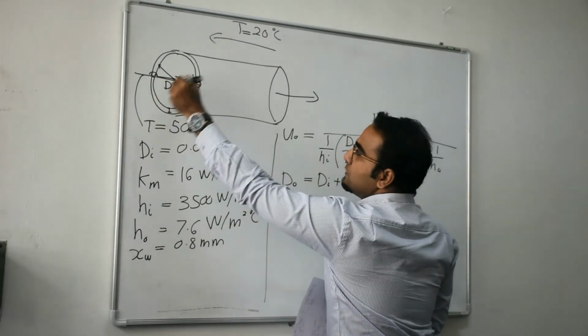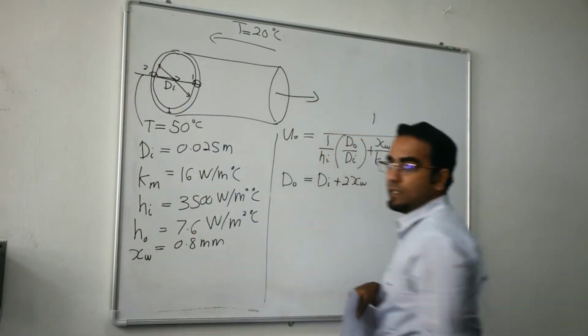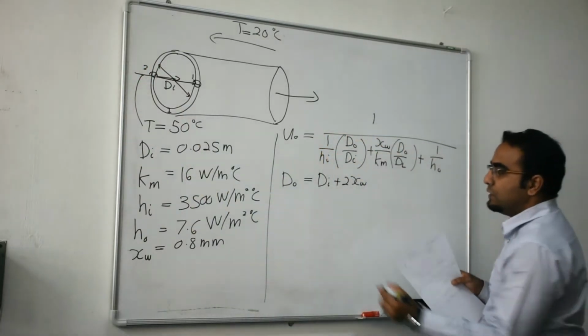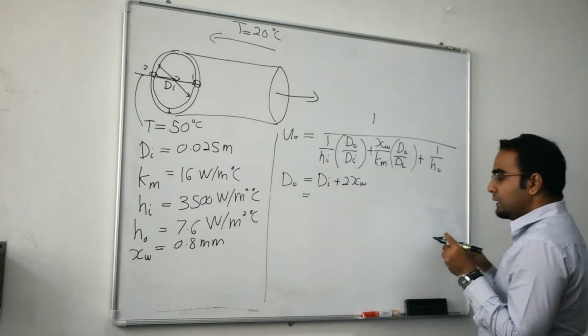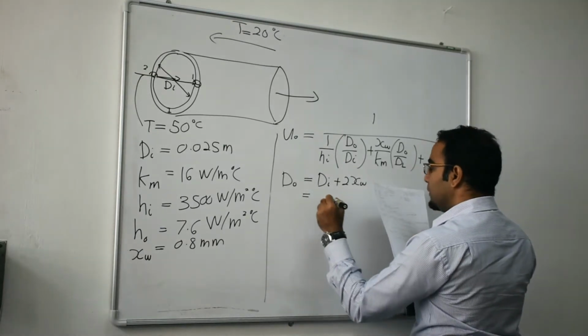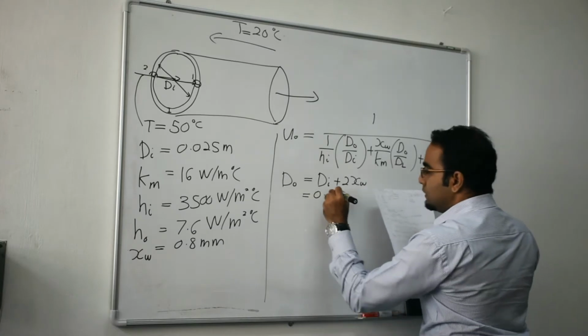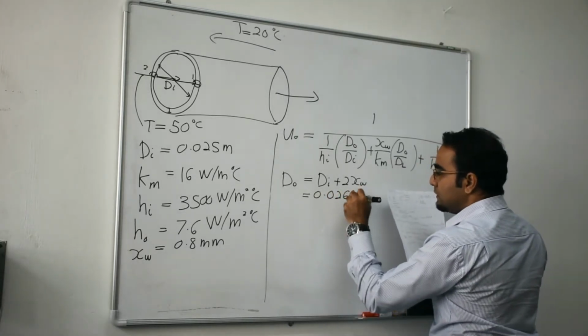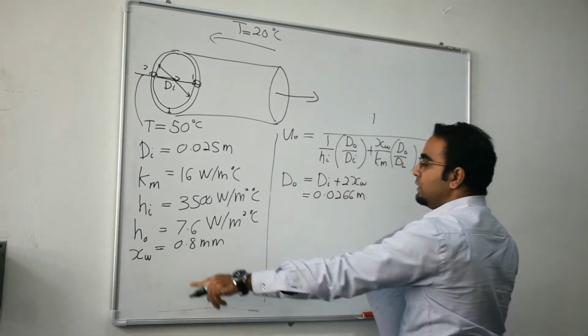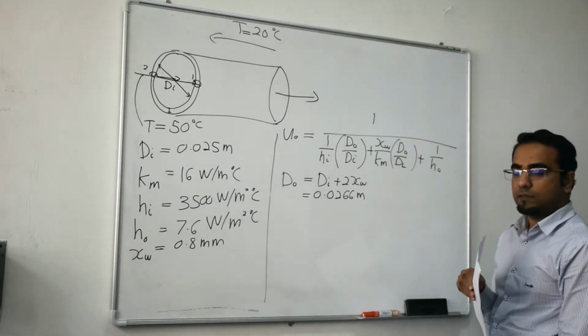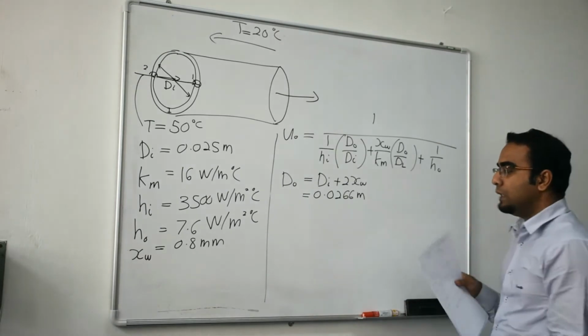This is the first xw, this is the second xw. By using this equation, we get the value of DO is equal to 0.0266 meter, because 0.8 times 2 is 1.6. So this is how you get the value of DO.